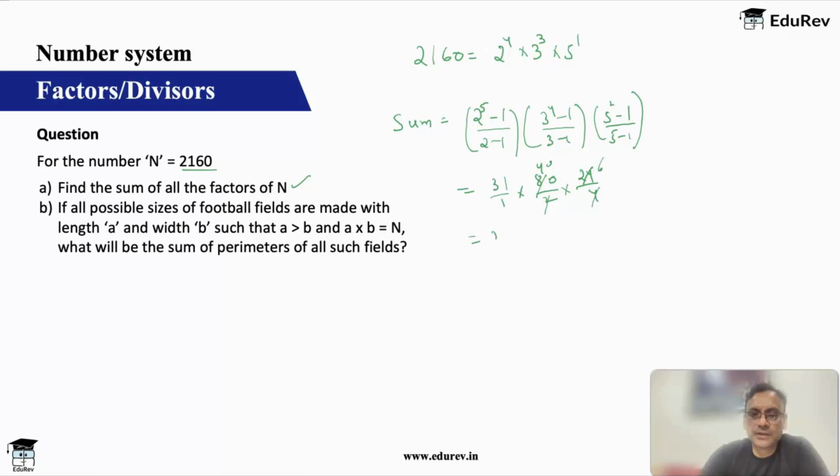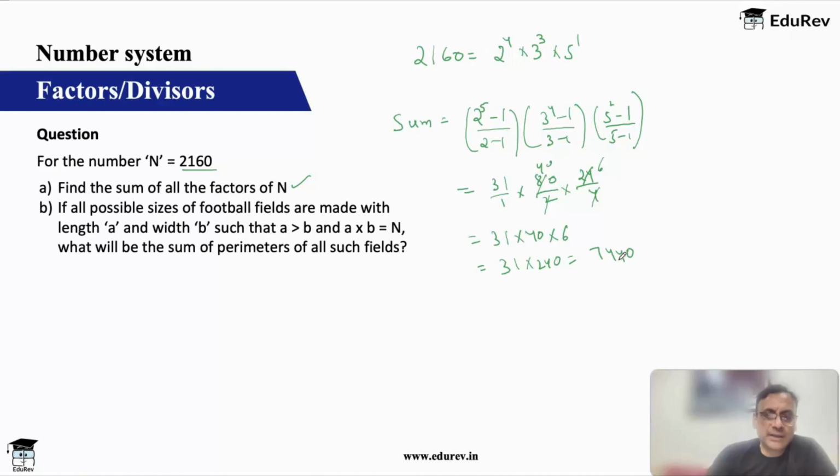So it is 31 into 40 into 6, which is 31 into 240. How much is this? 240 is 2400, 7200, 7440. This is the answer. Fine. This is a direct application of the formula.